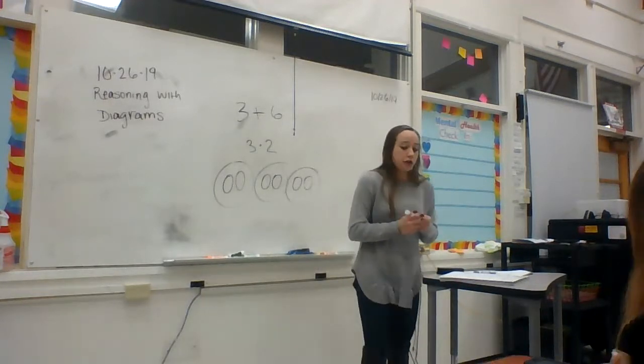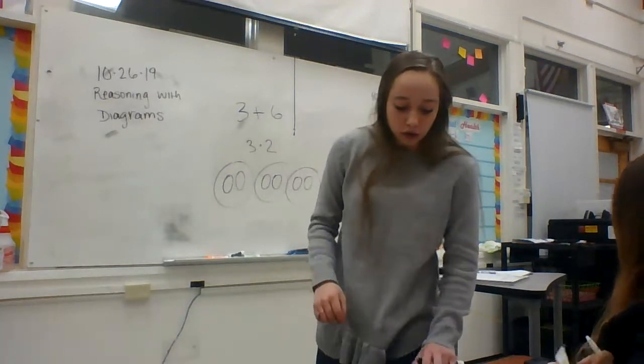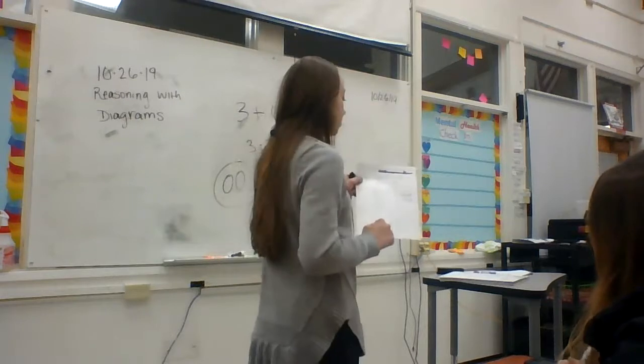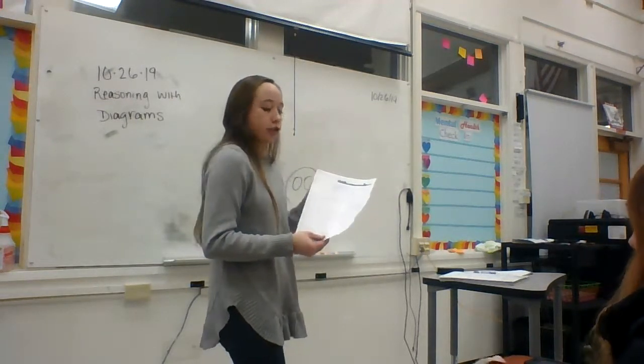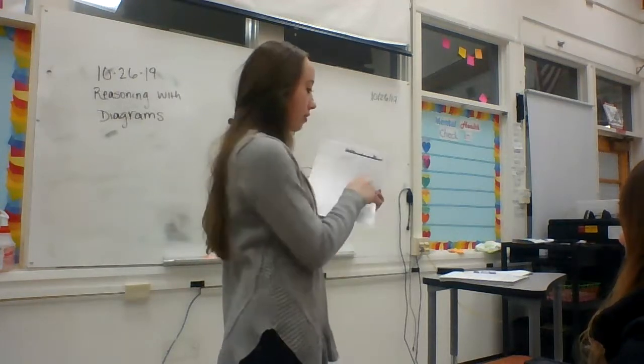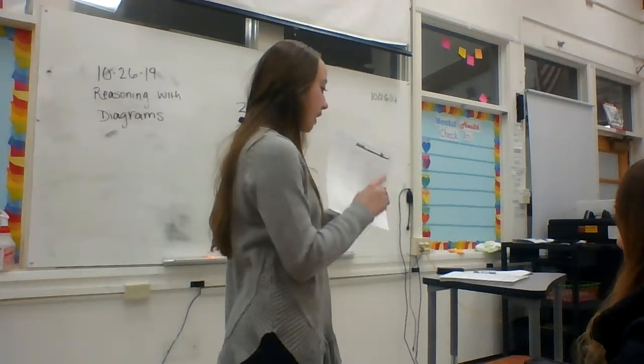All right, so now you guys are gonna follow in with your individual work time, which is a worksheet. On this left column, you're going to sketch a diagram for each of the following ones. You can use your circles, your squares, your charts, a number line. And then on the right side, you're gonna explain what the diagram shows.